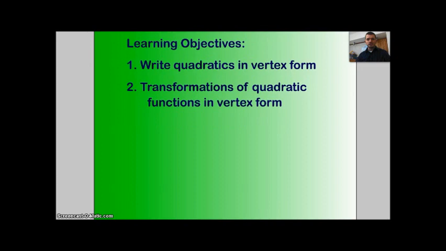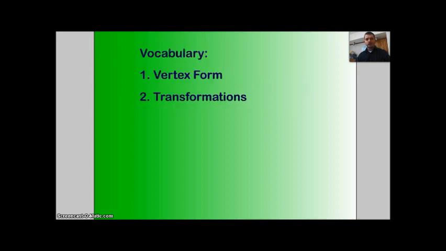Again, learning objectives: you're going to write quadratics in vertex form, and we're going to talk about transformations of quadratics in vertex form. A little vocab: you guys know vertex form is y equals a times (x minus h) squared plus k.